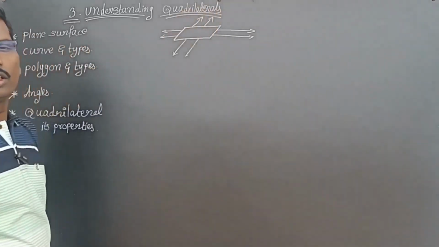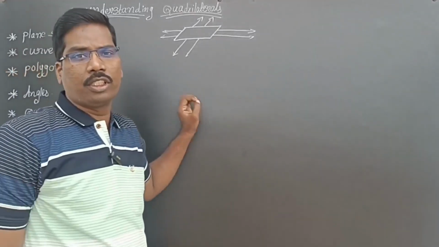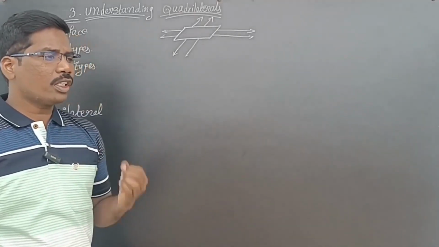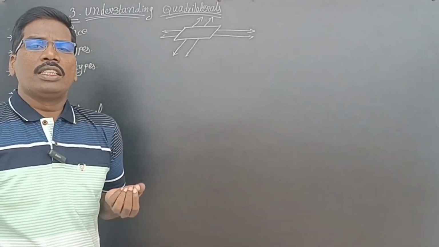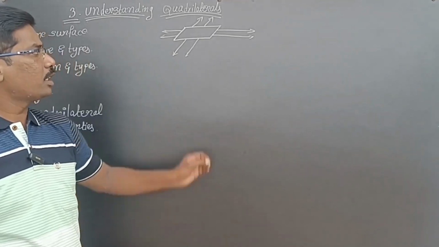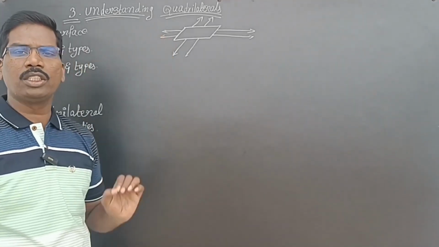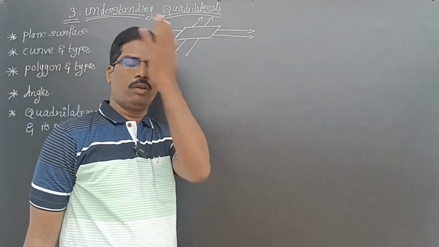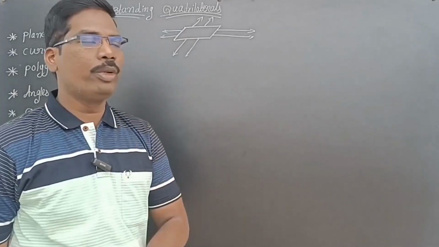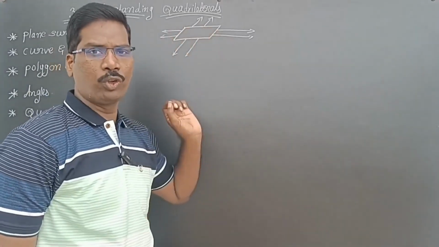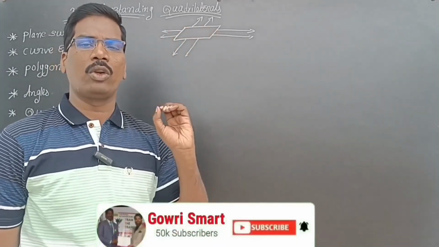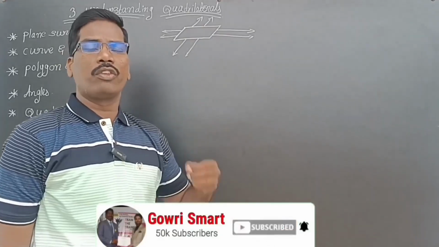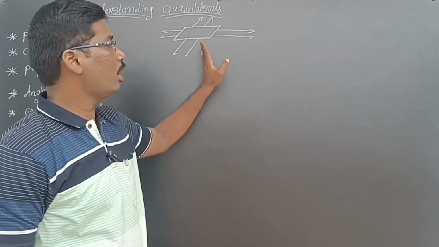Now we can say that this is a plane surface. Whatever drawings, whatever things we are doing in mathematics should be done in the plane only. If you draw a line, an angle, a quadrilateral, a curve, anything, you have to draw it in the plane only.